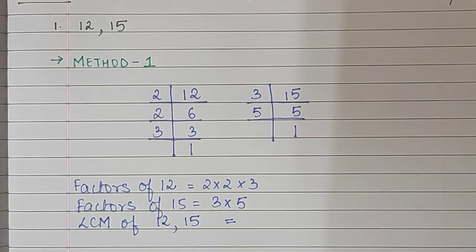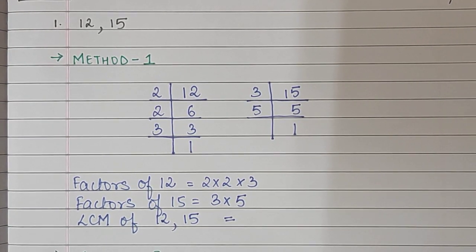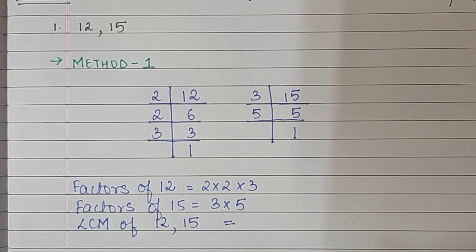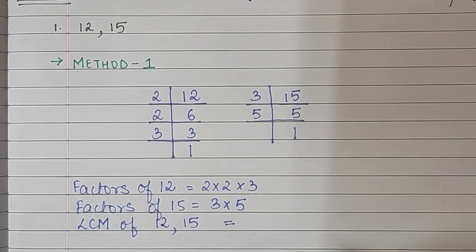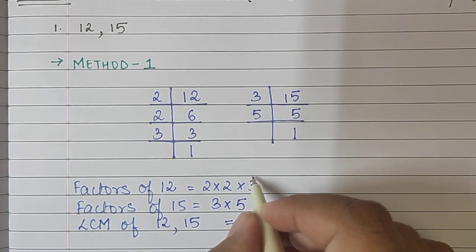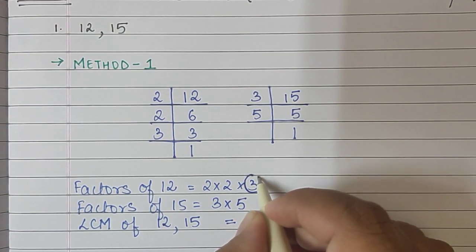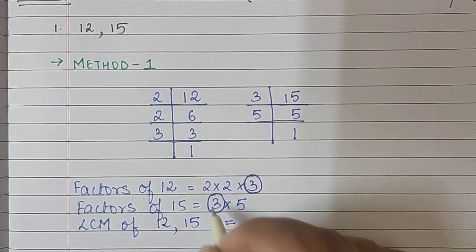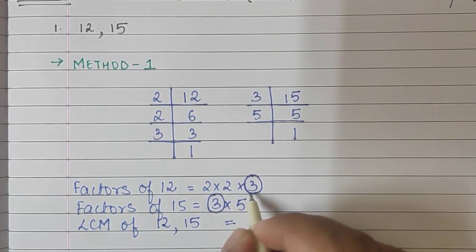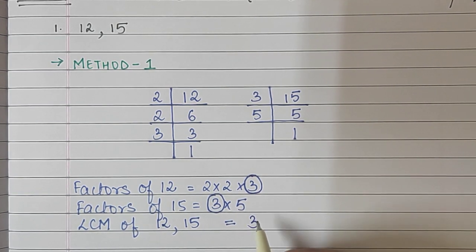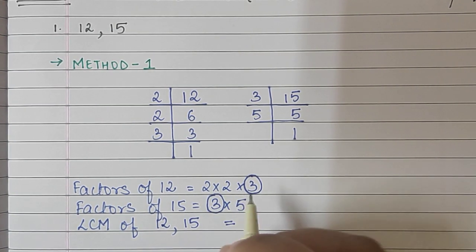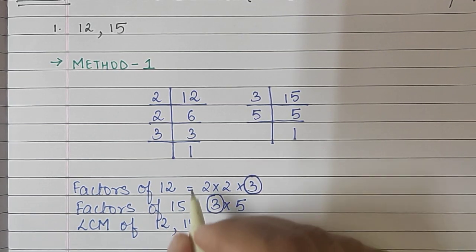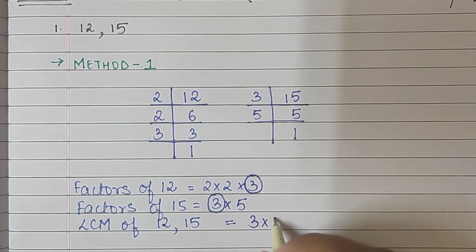Now in HCF we generally circle the numbers that are common. So we will circle the numbers that are common here also. I circle the number 3 and I circle this number 3. They are common here. Okay, so I write it down only once. Now anything else common? No. So whatever is remaining also we will write down here.